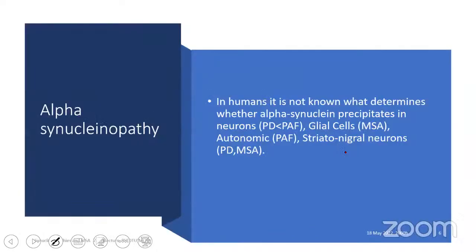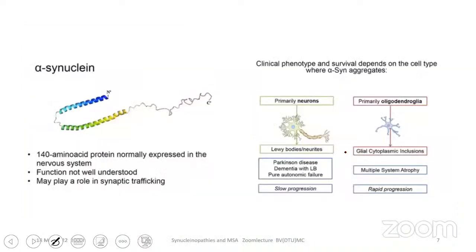In humans, it is not known what determines whether alpha synuclein precipitates in neurons, as in Parkinson's disease and pure autonomic failure, why it is in glial cells in MSA, why only in autonomic neurons in pure autonomic failure, or why it is in striatonigral neurons as seen in PD and MSA. We are not very sure why, but it happens.